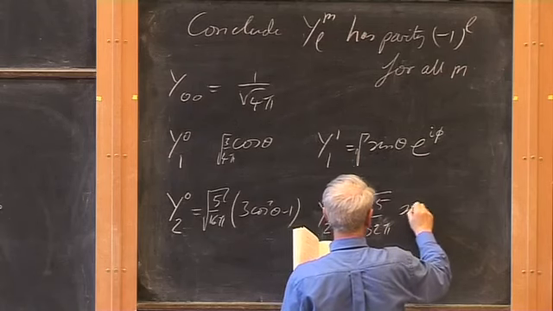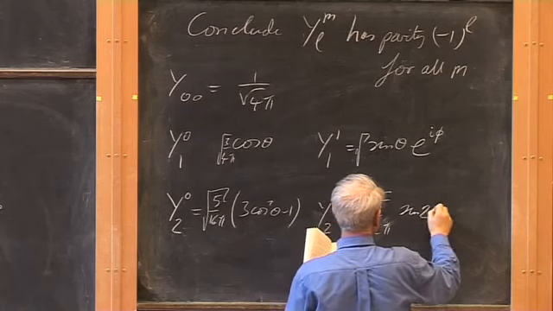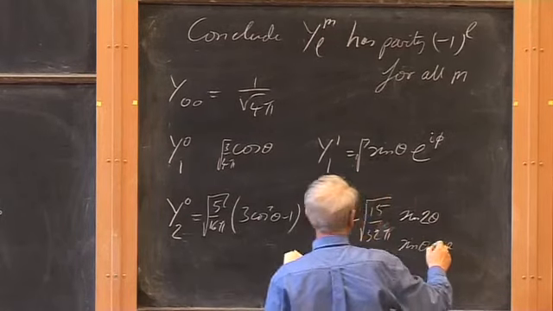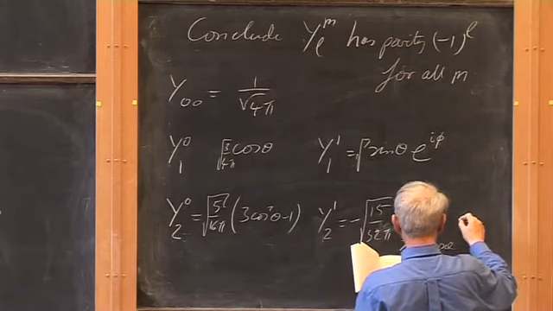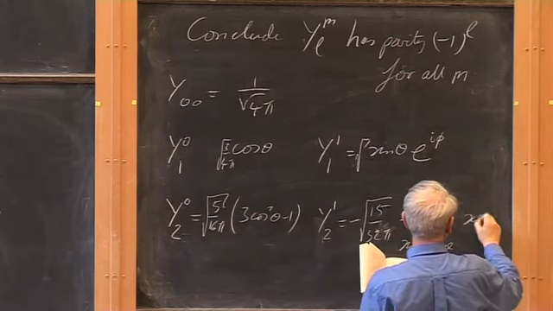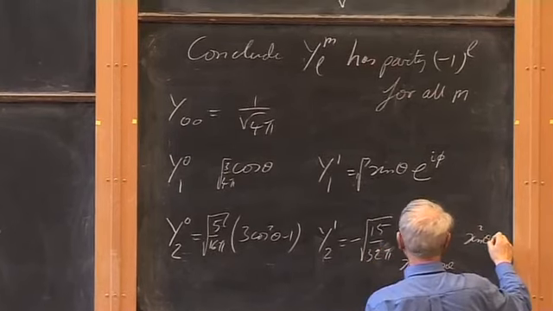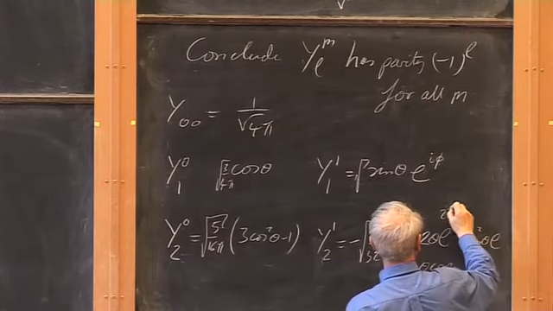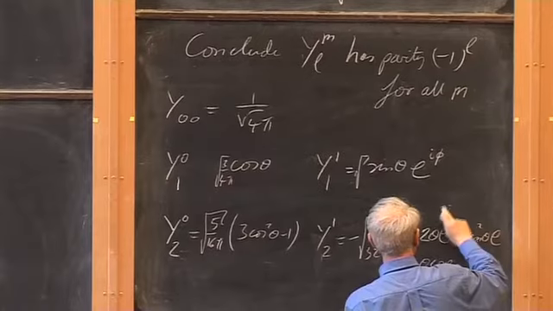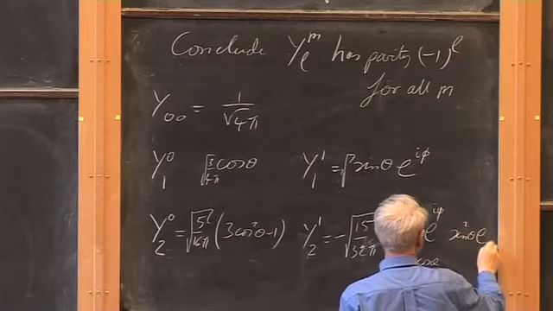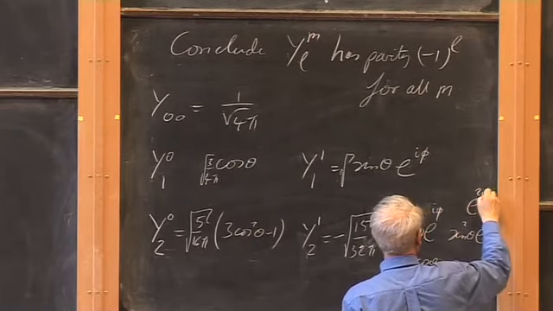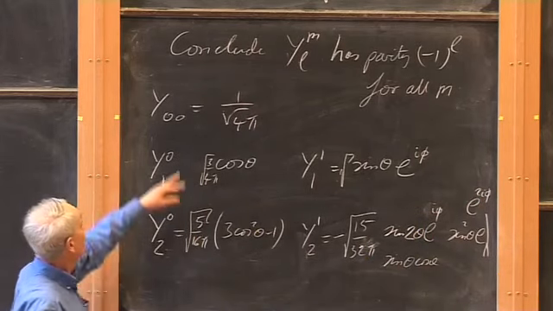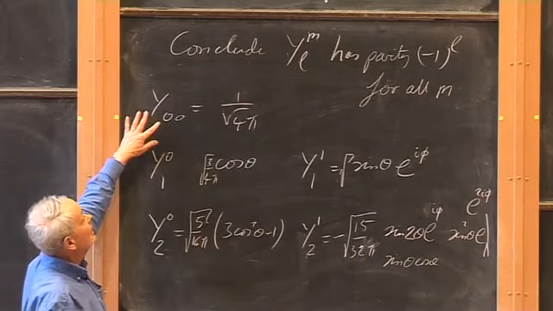What's important is it goes like sine 2 theta, which can also be written as sine theta cos theta, and the other one goes like, of course, sine squared theta. This one has e to the I phi, and this has e to the 2 I phi. So what we need to remember is that obviously Y00 has no angular dependence.